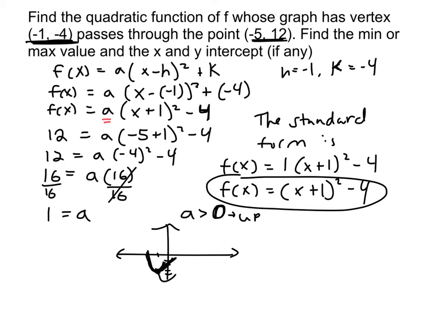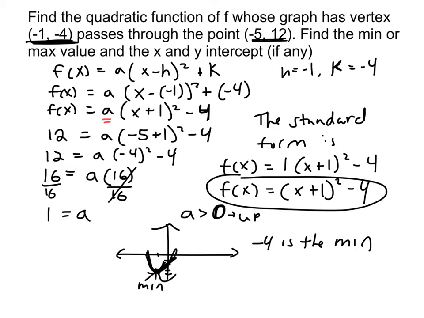So I know that I'm going to have a min value. The vertex is going to be the lowest value it gets. So -4 is the min. Remember, you always think about where your min is in relation to y, which makes sense, because that's how low you're going.